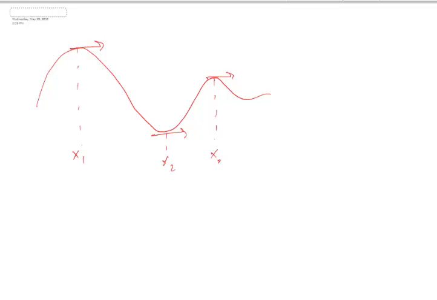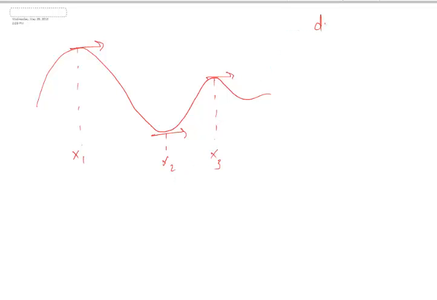So far we have obtained that given a curve at all maxima and minima points, the slope of the tangent is 0 and we have obtained those points x1, x2, x3. They are combinedly known as extrema points or maxima or minima.